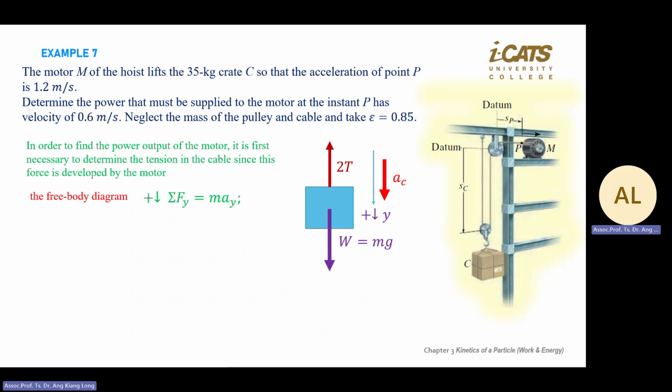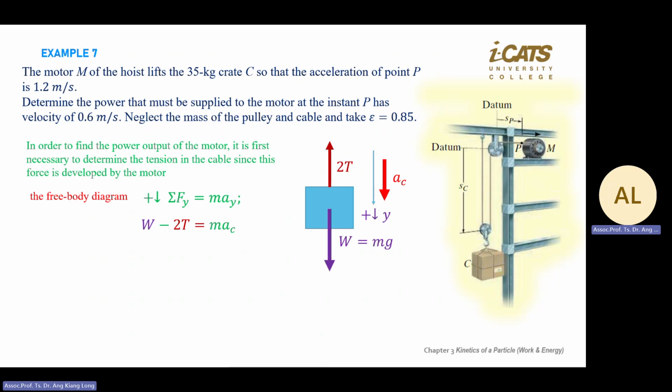Okay. So you start with the y direction, F equal to MA. Then you look at your free body diagram, all the force is on the left, and the kinematic motion is on the right of the equation. Put in there, so W positive goes down, tension goes up, equal to MAC.